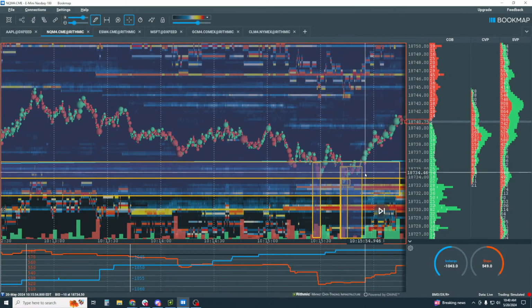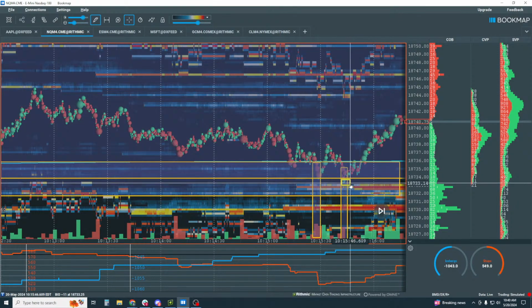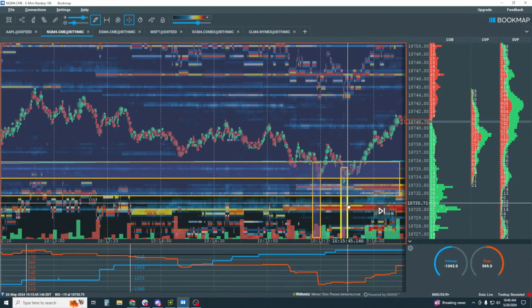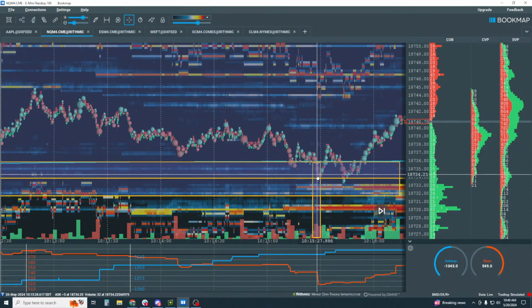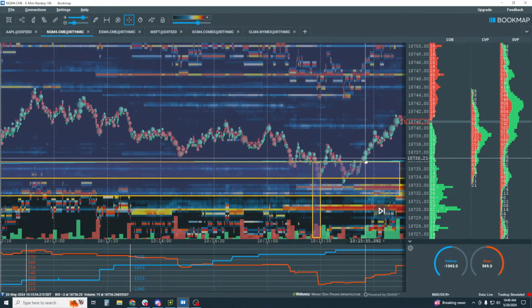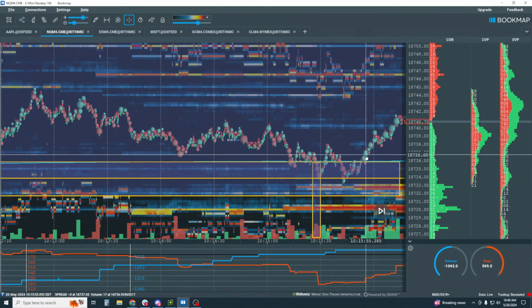Okay, so due to that, let me get rid of these so you can see it a little bit better. This is a double bottom. Okay, so some selling here, not so much here. Buyers where? Above the swing, coming in.